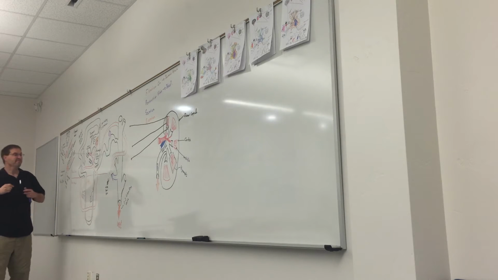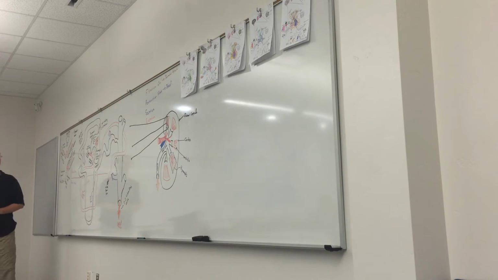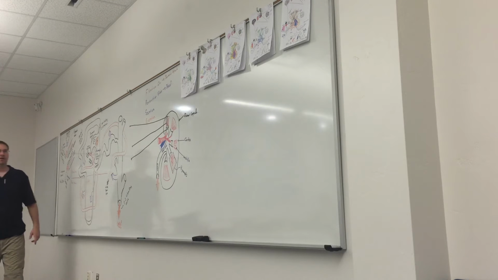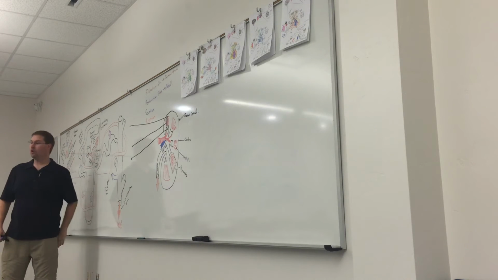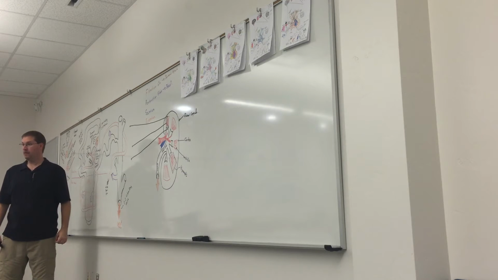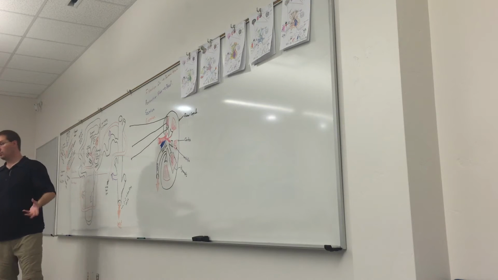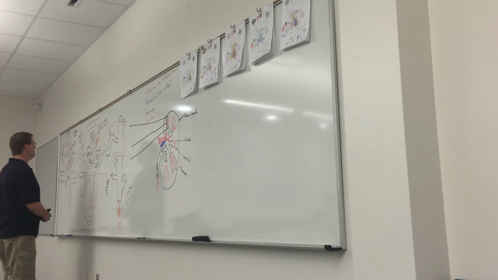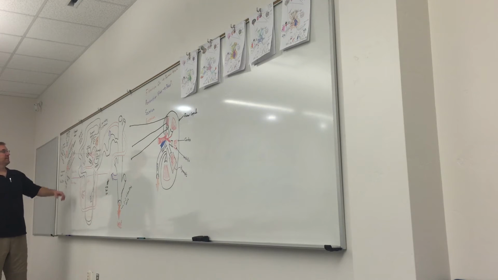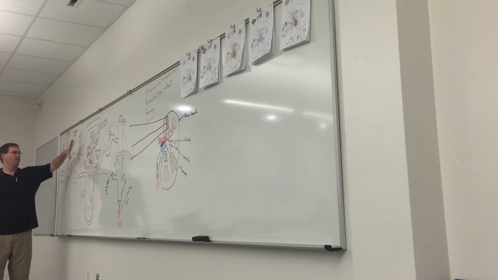Now, the way that this works is I have reabsorption occurring all along the tubule, okay? And certain things are reabsorbed in certain areas. You guys cool with that? So let's talk about what gets reabsorbed in the proximal convoluted tubule.